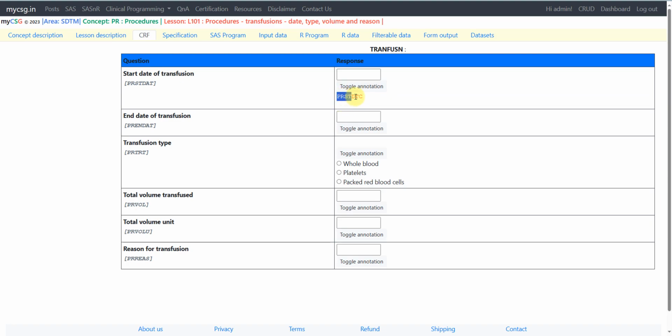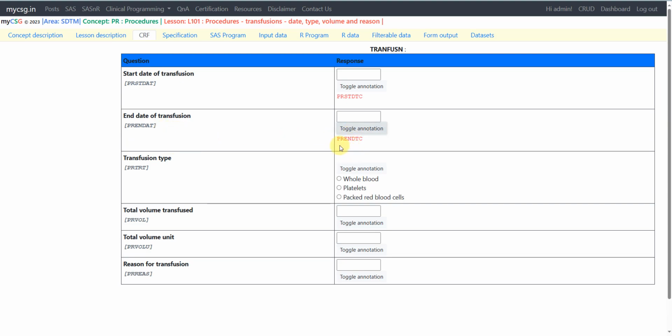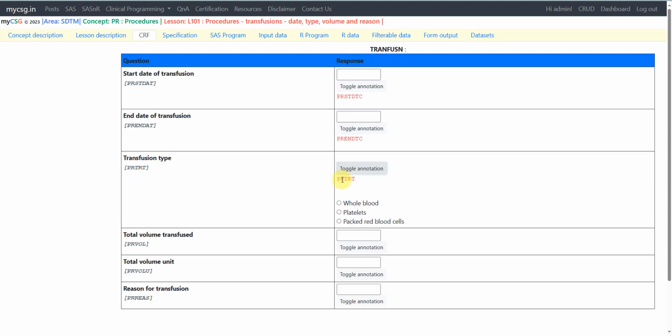The information from the variable PRSTDAT in the raw data has to be mapped to the variable PRSTDTC. And then PRENDAT would be mapped to PRENDTC. And then the transfusion type, which is coming in a variable named PRTRT, has to be mapped to a same-named variable in SDTM.